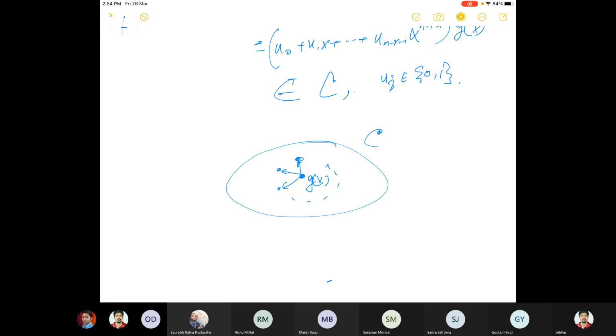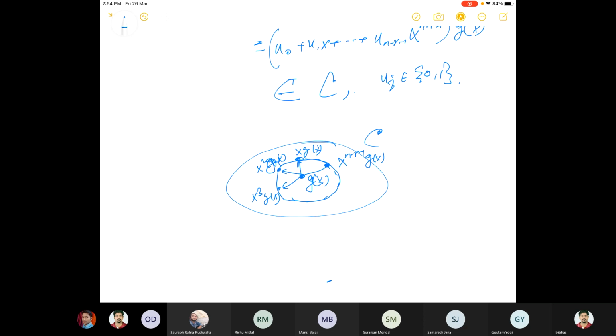Depending on the degree of g(x), assuming that the minimum degree is r, it goes up to x to the power n minus r minus 1 times g(x). Then we are taking the linear combination of all of these, and we are saying this is also a code word polynomial.